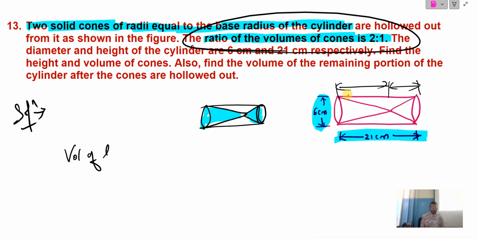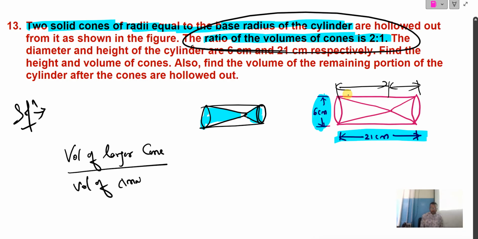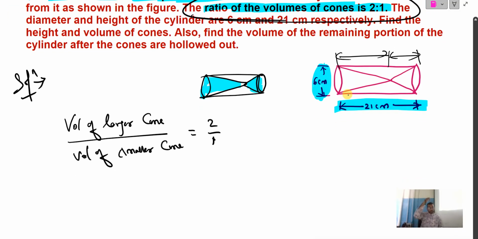So 1 by 3 pi r square capital H divided by 1 by 3 pi r square small h is 2 by 1. Can we take? Yes. So 1 by 3 gets cancelled, pi gets cancelled, r square gets cancelled. So capital H by small h is equal to 2 by 1. So we can say that capital H is equal to 2 times small h.